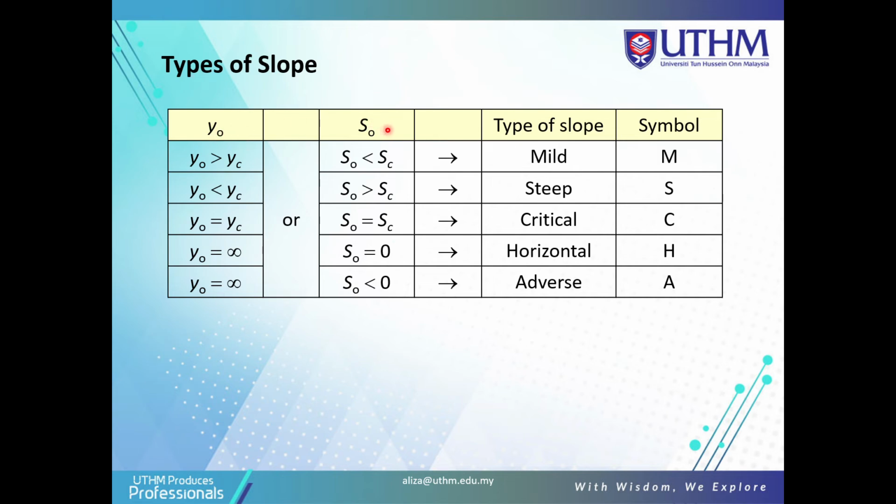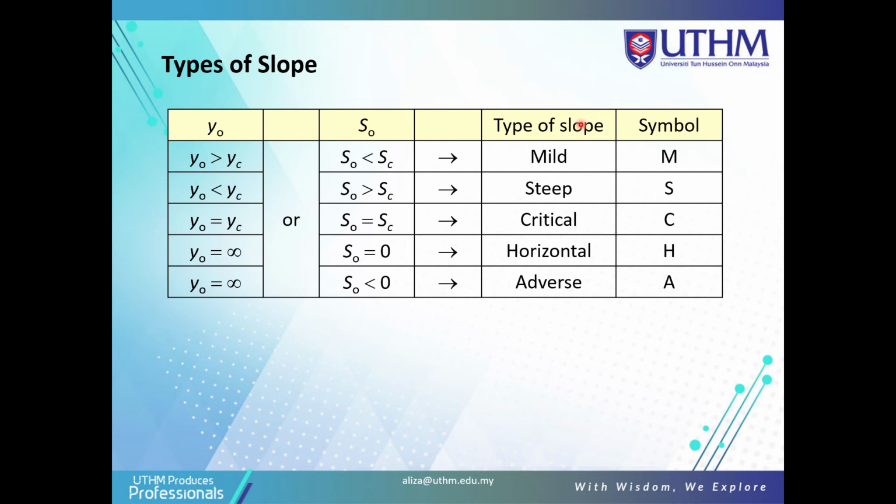Okay, in chapter 3 you learned more about the constriction and also the broad-crested weir, where you must know Y0, YC and so on. Now, looking at the gradually varied flow, you must know about Y0 and YC and S0 also.